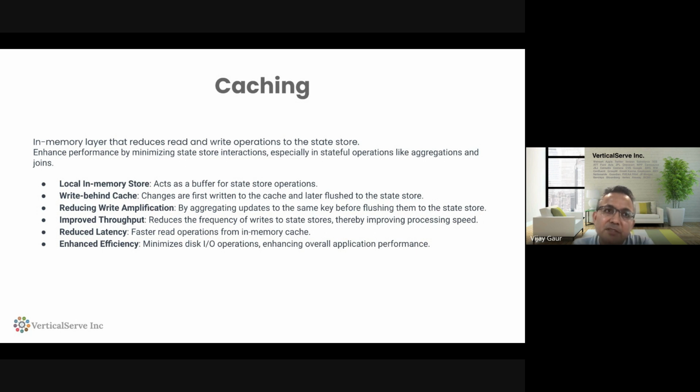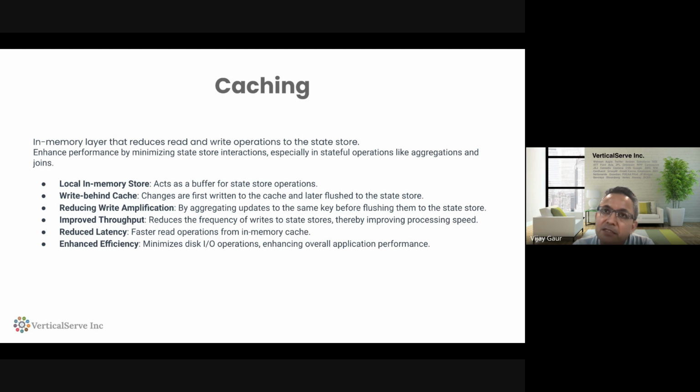If the same keys are sent multiple times in a very short period of time, when you do the put operation many times, the put will happen in the cache, and eventually the flush will happen from the cache to the state store. So less data will go downstream, and it will improve your write performance, the overall throughput.